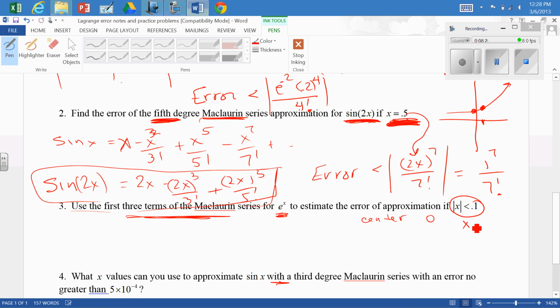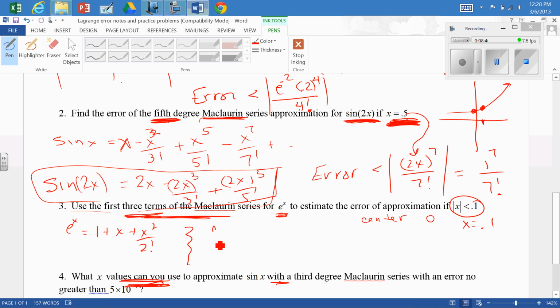So let's just use x equals 0.1 to get our error. So 3 terms this time instead of the 3rd degree. So if you think about e to the x, that's 1 plus x plus x squared over 2 factorial. Okay, that is 3 terms already. So we're going to use the 3rd degree.